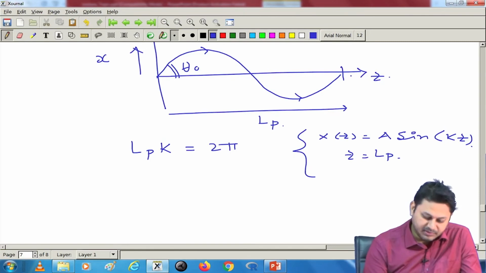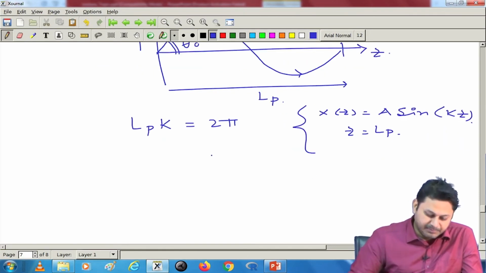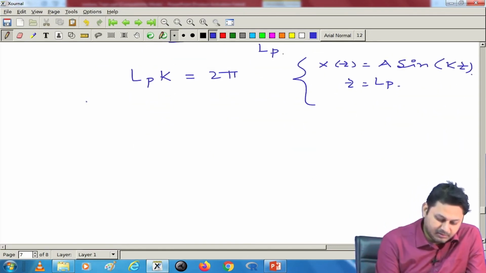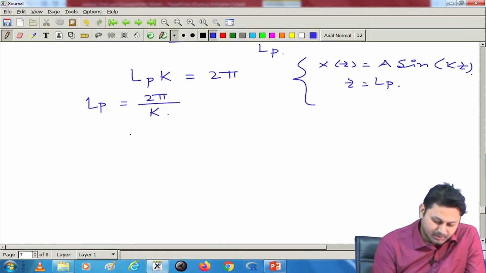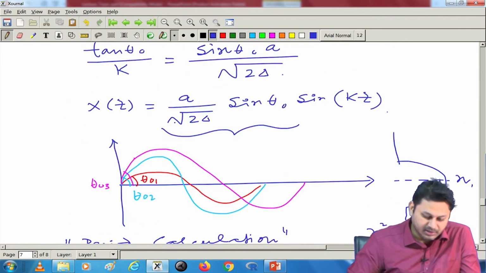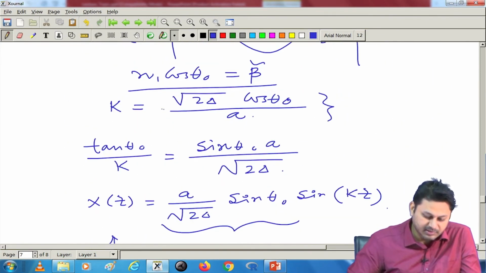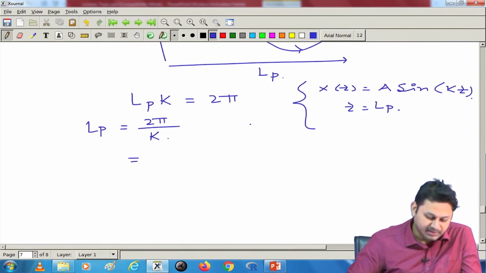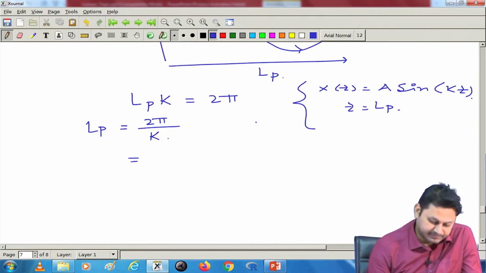So, my period LP will be simply 2 pi divided by K. Now, the K value I already calculated here, K is the root of 2 delta cos theta 0 divided by A. So, I will put this value here.